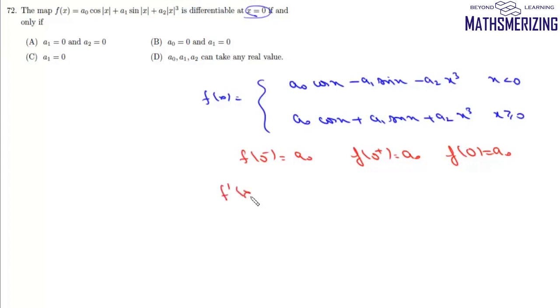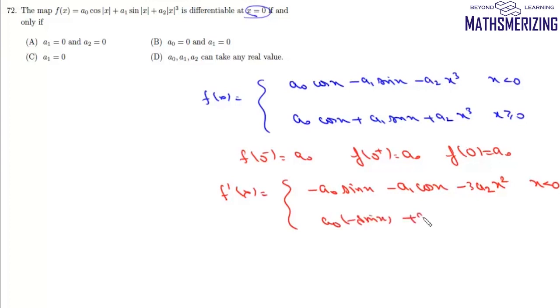Now we'll differentiate this function. We can write this as minus a0 sin x minus a1 cos x minus 3 a2 x square when x is less than 0, and it will be minus a0 sin x plus a1 cos x plus 3 a2 x square when x is greater than 0.